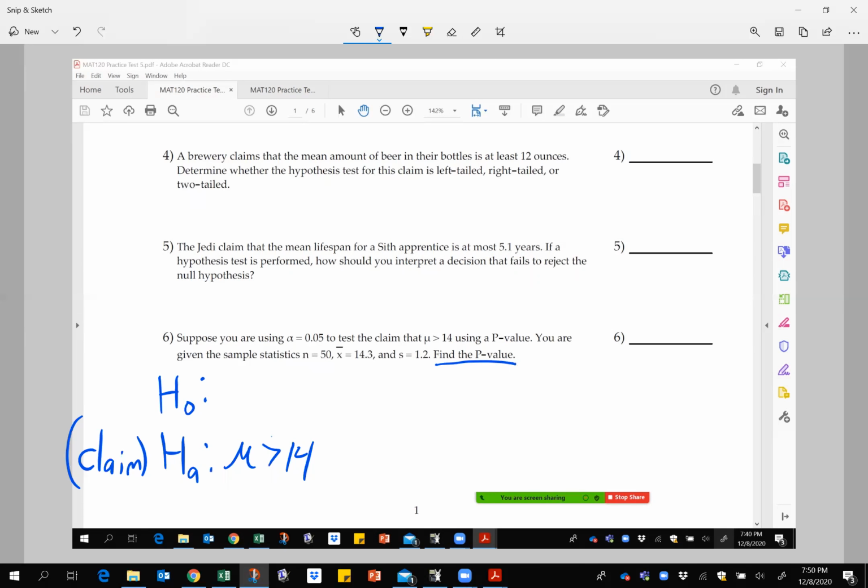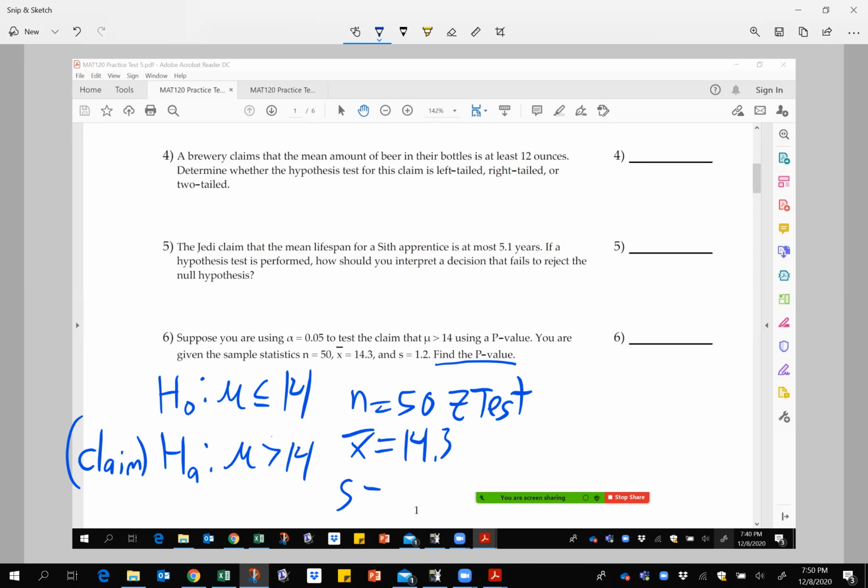The opposite of greater than is less than or equal to. So the mean would be less than or equal to 14. And now we have this other summary statistics information. We know that the sample size is 50. That means we're going to be using a z-test in a minute. The sample mean was 14.3, and the sample standard deviation is 1.2.